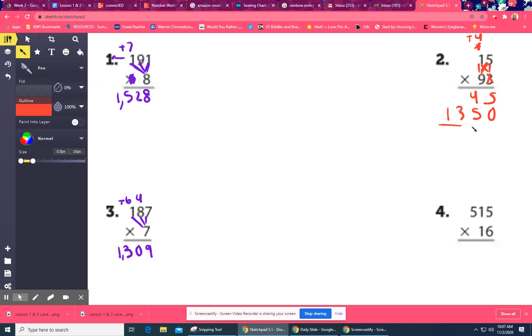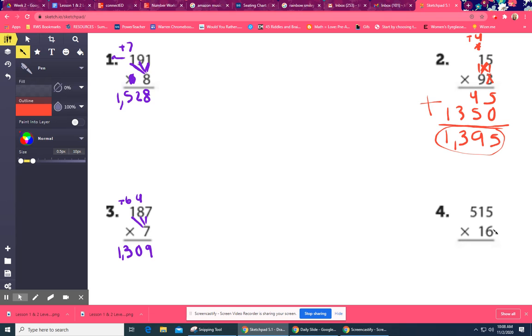Make sure that whenever you're writing your answers down here, you have them neatly in columns, or else when you go to add, things get really difficult. So yes, we're going to add these two. 5 plus 0 is 5. 4 plus 5 is 9. And then these two will just drop down into your answer. So 1,395.